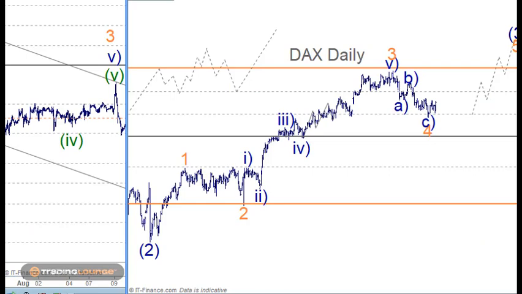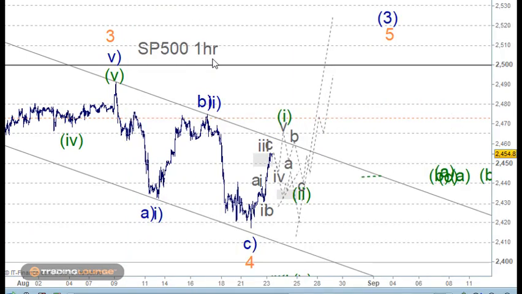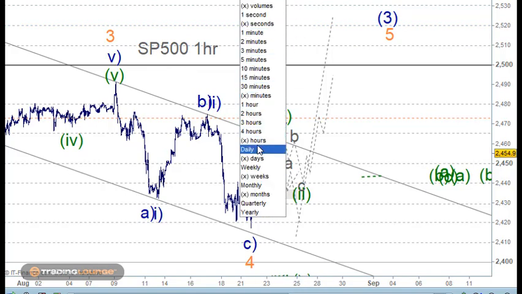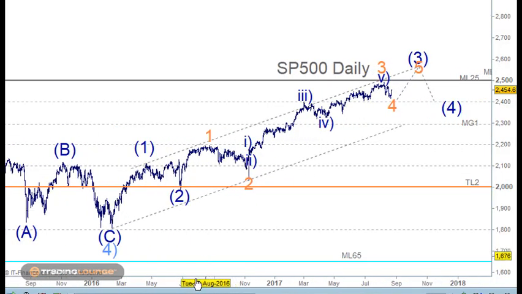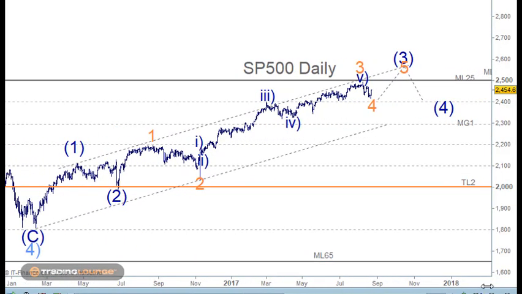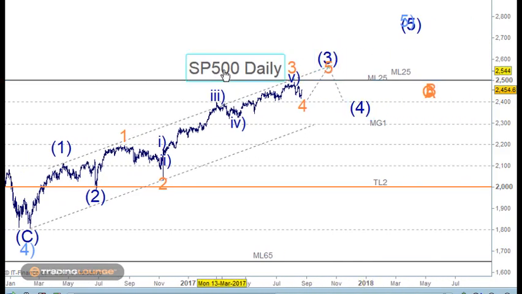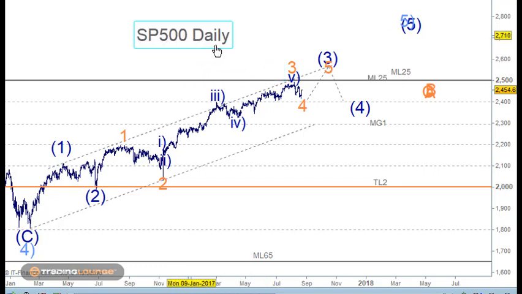So on this chart here, if I look at this on the daily chart, it would look a little bit like this here. So we're still looking for that top of wave 3 here. So I can move that out the way.